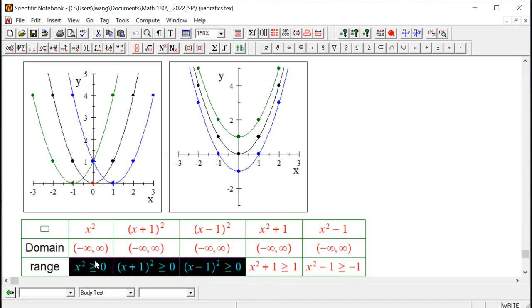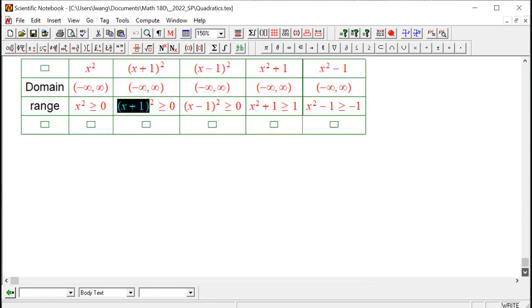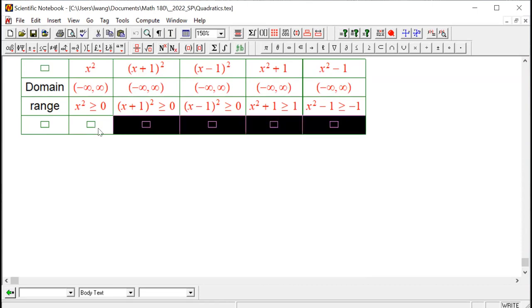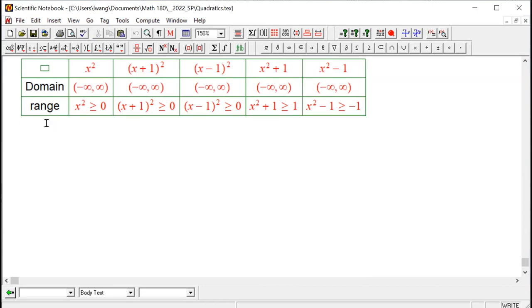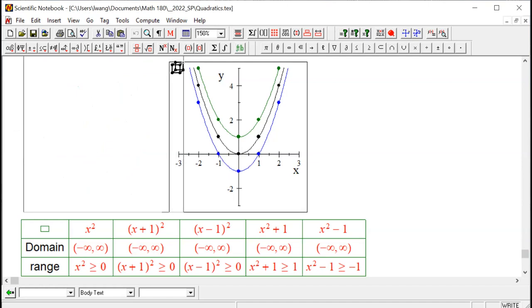For all of the others, they're just at least 0 because the square of anything is at least 0. If you like, you can put those pictures in place. I think we don't really need this row. Having them in this form is much easier to understand.